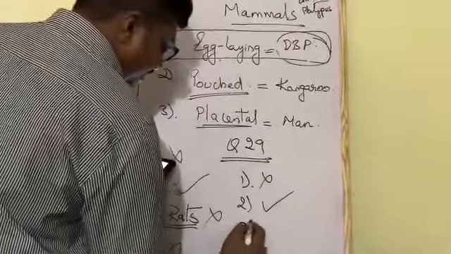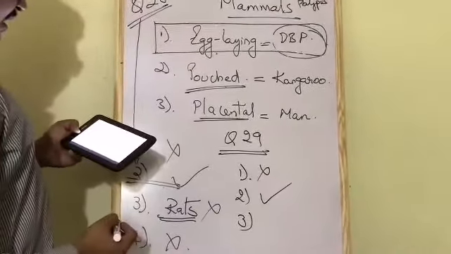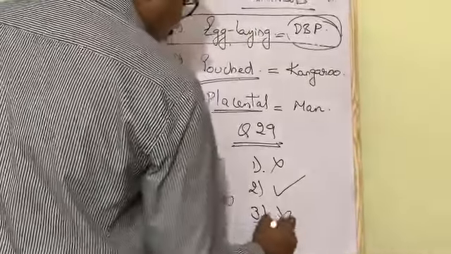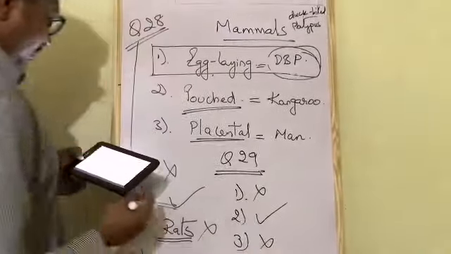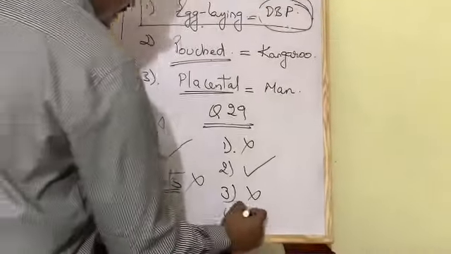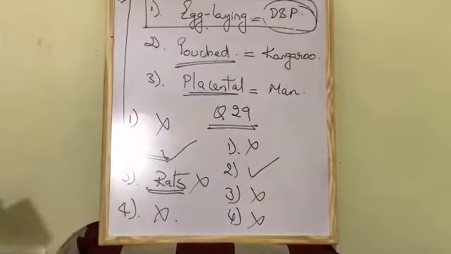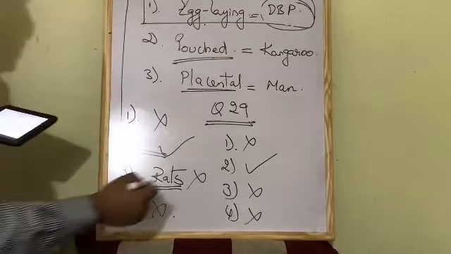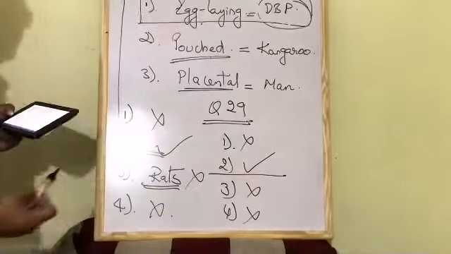Next, option number 3, ears plugged and eyes open. Of course, that's wrong. Next is option number 4, ears closed, eyes plugged. Again, the same thing. And question number 29 is option number 2, which is correct.